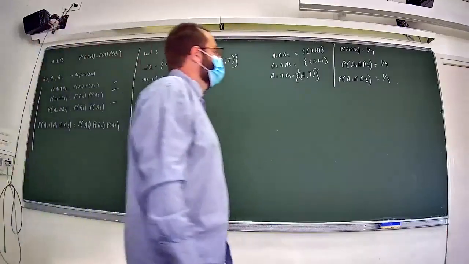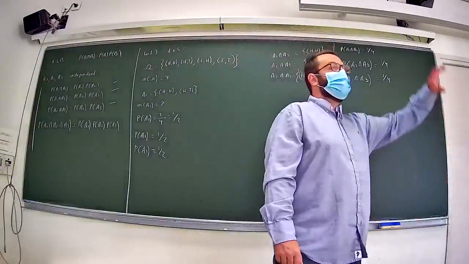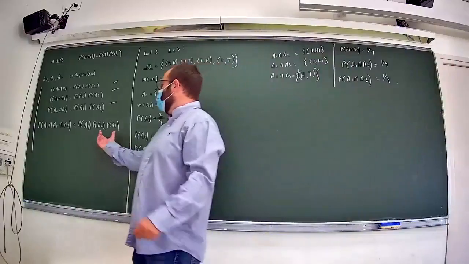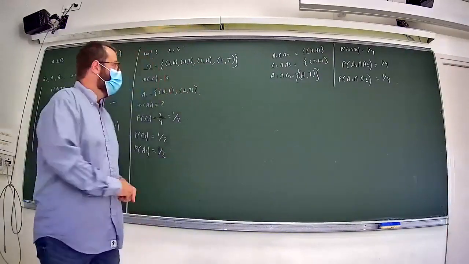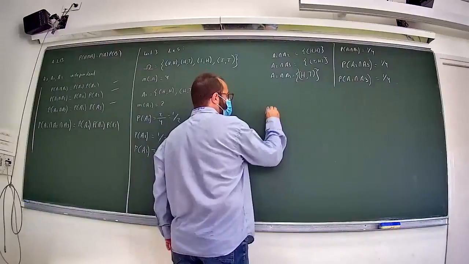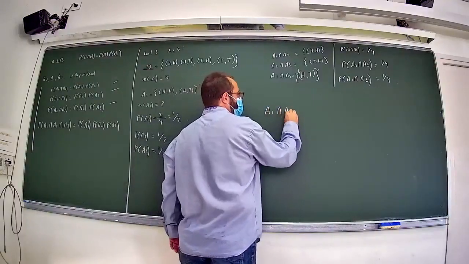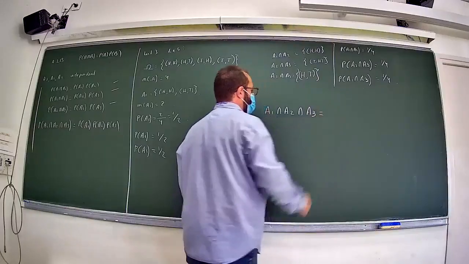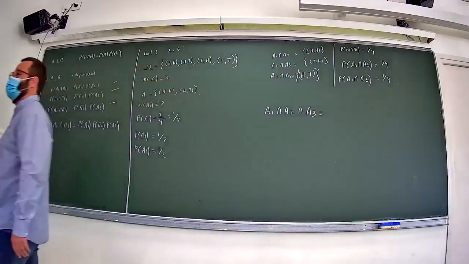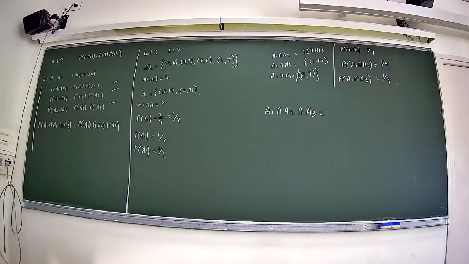So to see that they are not independent, I have just to check that this one is not fulfilled. To prove that this one is not fulfilled, I am interested in this one. And what is this set?